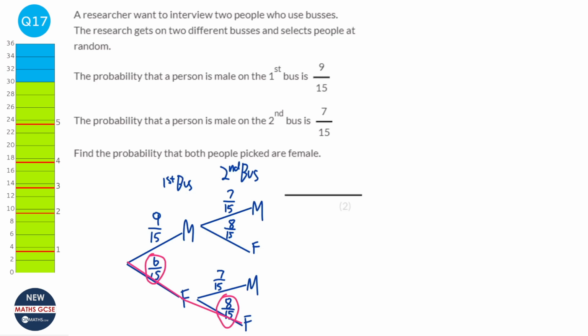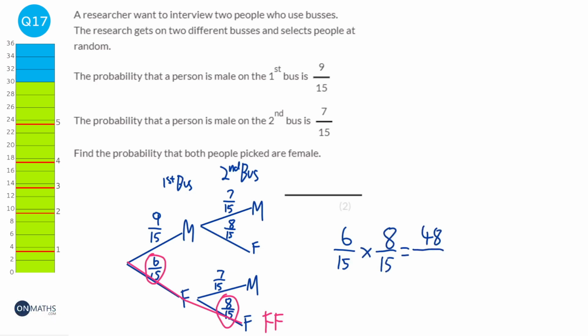So whenever you're finding the probability of getting to an outcome, so this outcome will be FF, because they're both female, you are multiplying the fractions that you go across. So it would be 6/15 times 8/15. So 6 times 8 is 48, and times the bottoms, 15 times 15 is 225.